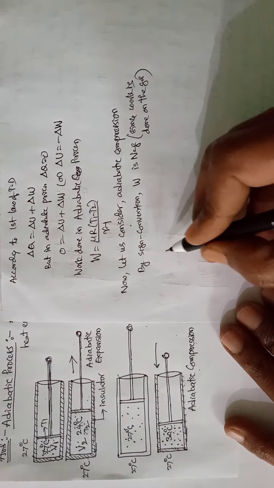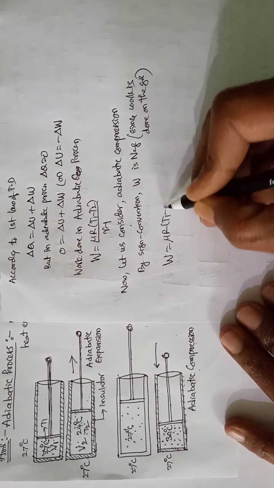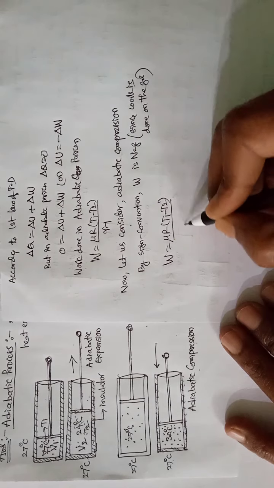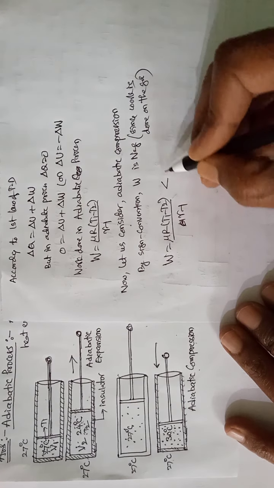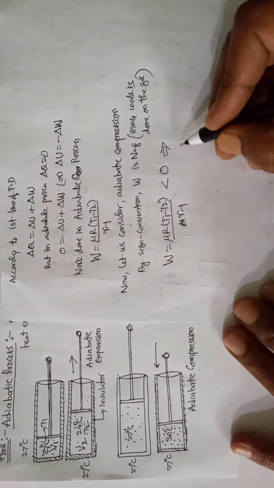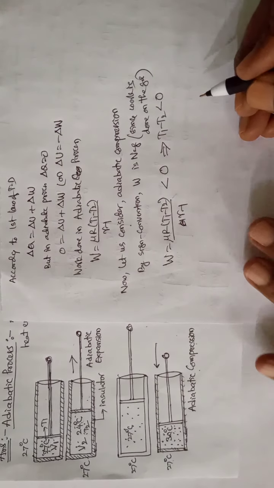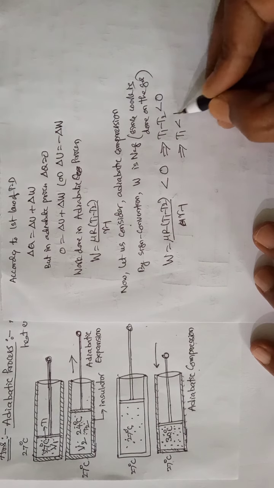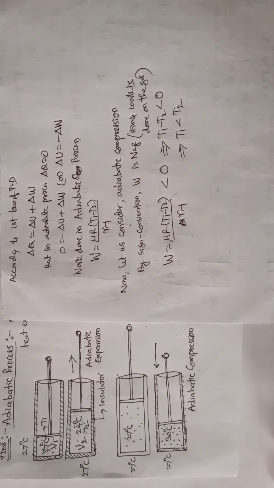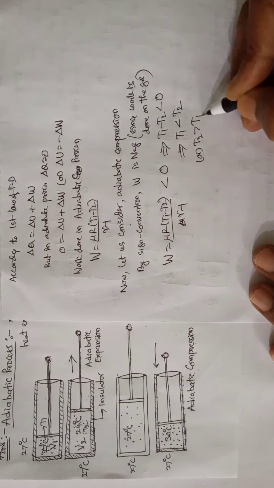Okay, so W is equal to mu R T1 minus T2 by gamma minus 1 is negative. This represents T1 minus T2 is negative. This represents T1 is less than T2 or T2 greater than T1.